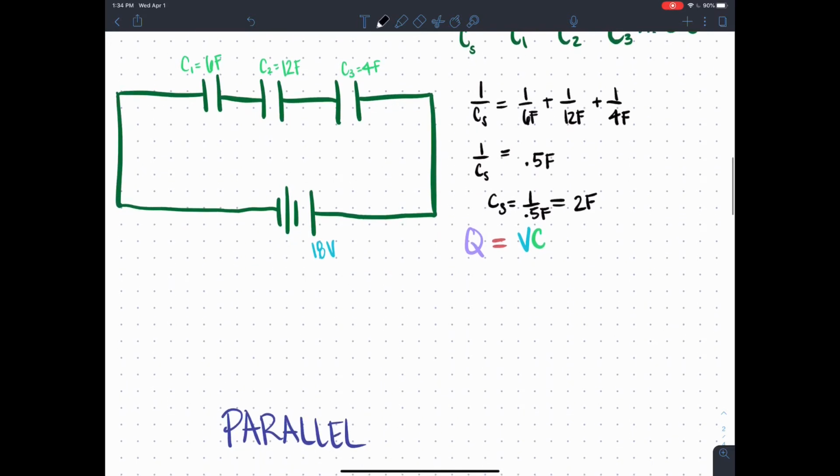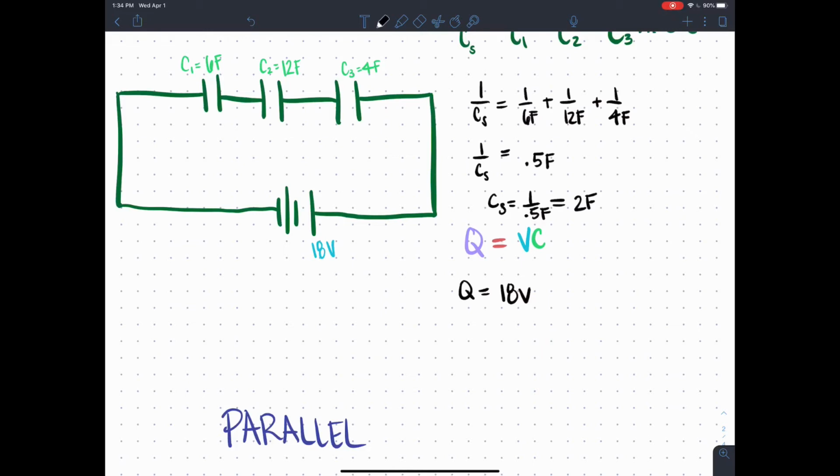Now that we found this, we can use the equation Q equals V times C once again to find the charge that's held throughout these three capacitors. Q is equal to the voltage, which is 18 volts, and this voltage is the same throughout the whole circuit, because we've added all these together to basically make it into a simple circuit.